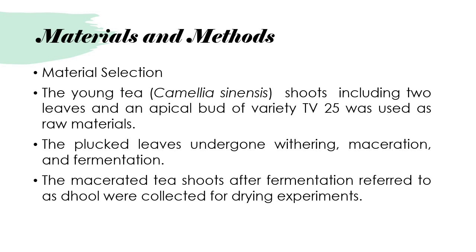The harvested leaves, before being taken for the drying experiment, underwent several operations such as withering, maceration, followed by fermentation. The leaves that have been macerated and fermented, which is also called dhul, were taken and considered for the drying experiment.